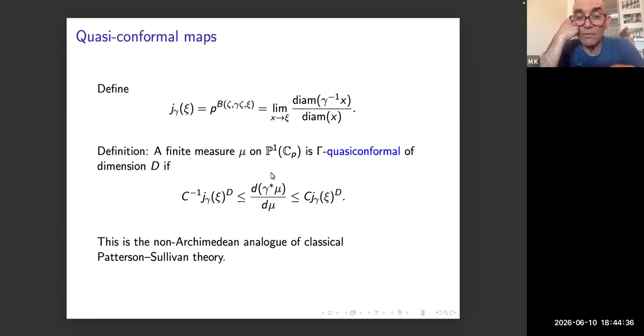This was in the original case over R and C, the complex numbers, Sullivan's case. And then you check that similar definitions work in this non-Archimedean, Berkovich case. So this allows you to define this Busemann cocycle by this method.